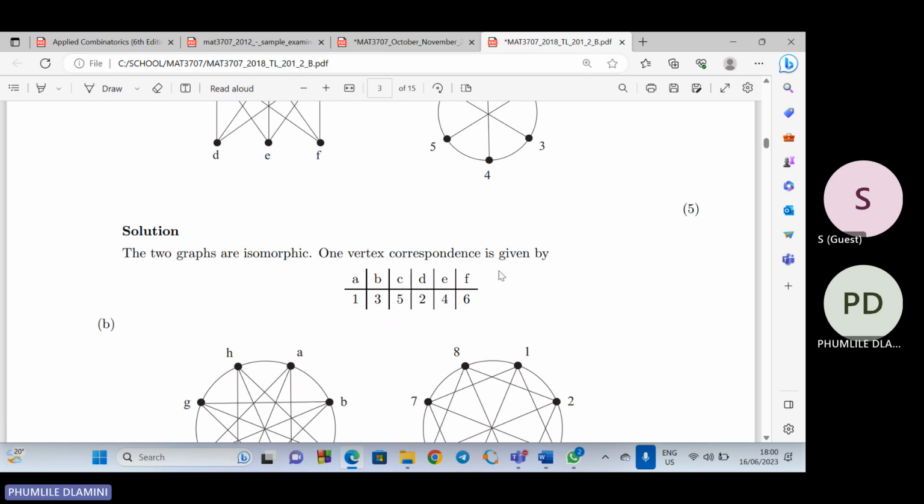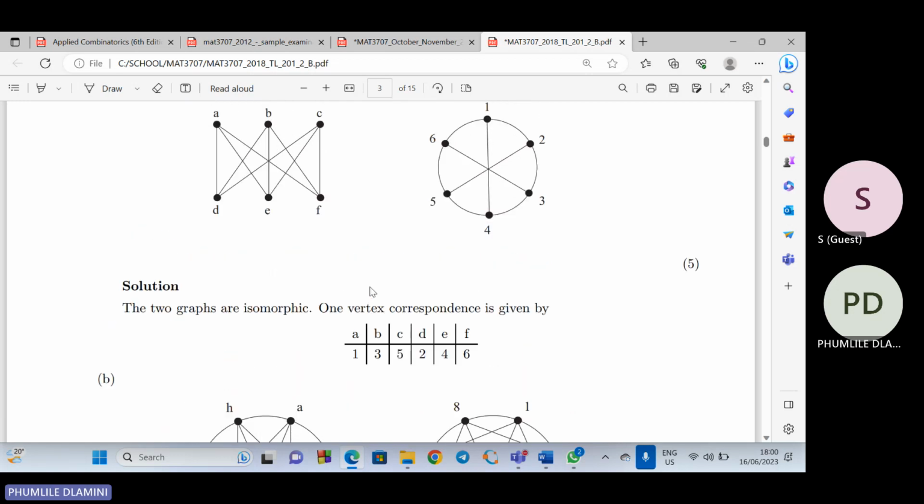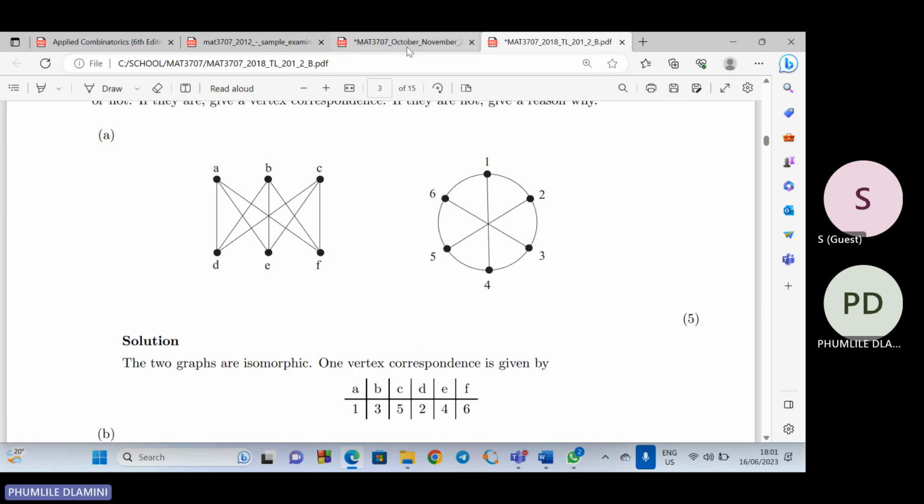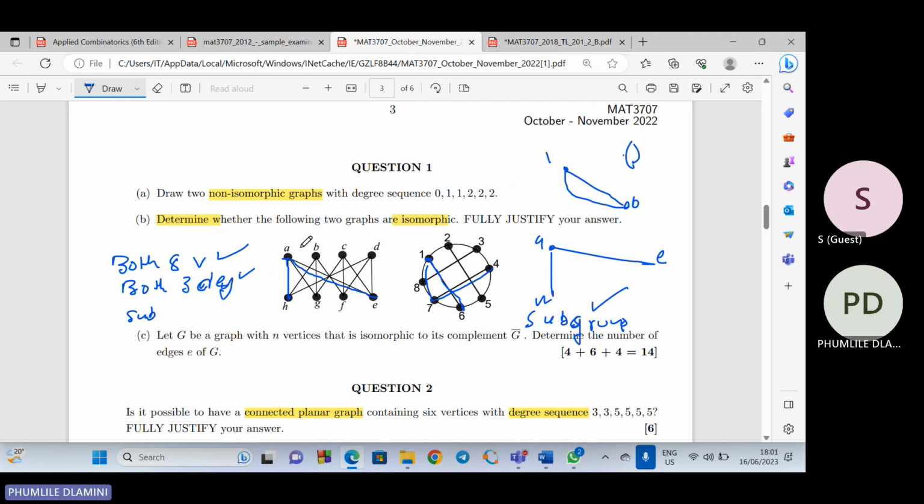One vertex correspondence is given by A corresponding to 1. If A is corresponding to 1, then 1, 2, 3 is fine. B is corresponding to 2, okay, B is 3, and then C is 5, and so on. But if we check this drawing here with this one, they are not really the same.